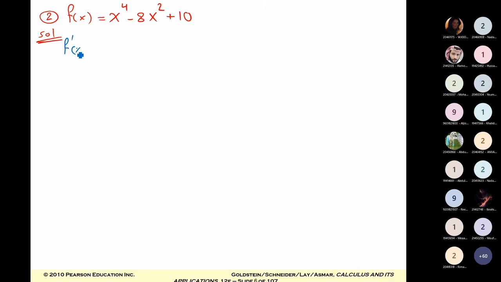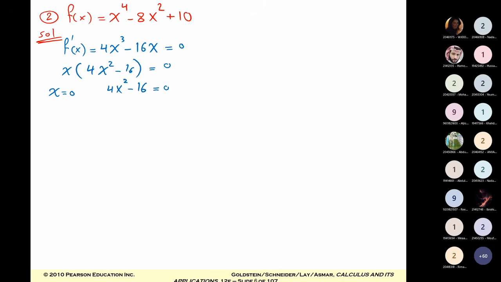So f prime of x equals 4x to the power 3 minus 16x, and this is equal to 0. Now we need to solve this one. We can take x as a common factor. We have 4x squared minus 16. This is equal to 0. So we have x equal 0, or 4x squared minus 16 equal 0.